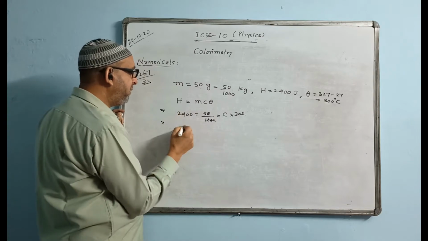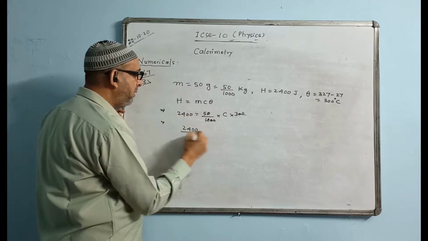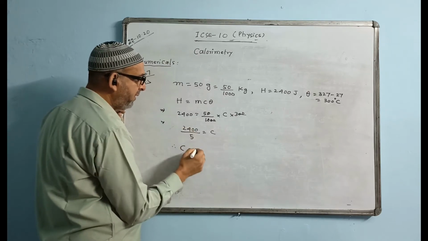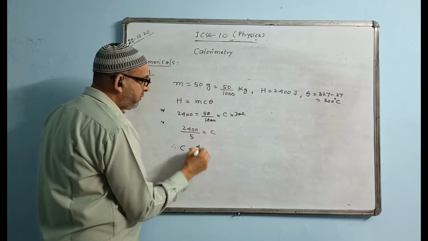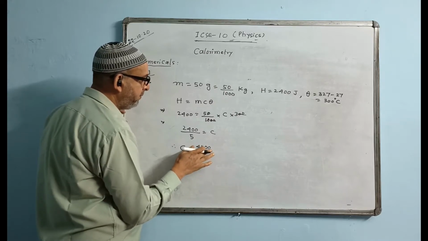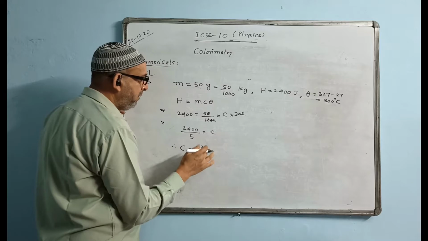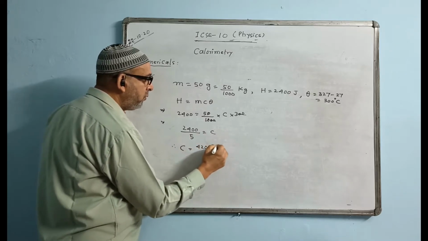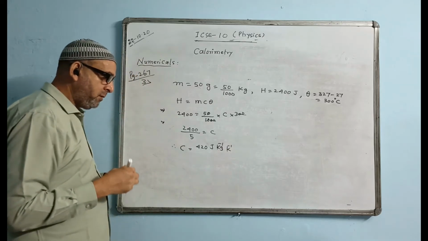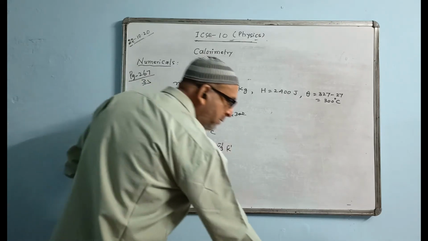With 5 we will divide this. 2400 divided by 5 is the value of C. Therefore C value will come. Divide it. 420 is coming. 420 joule, unit will be per kg per Kelvin. That is the solution for this question.